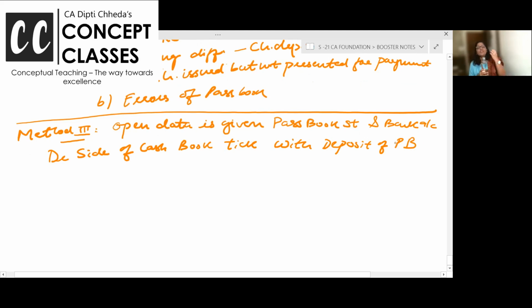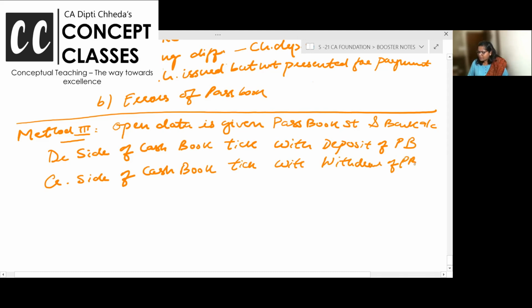Are you analyzing? Chapter is over. This is an important aspect what we are doing. Debit side of the passbook, sorry, cash book, tick with deposit of the passbook. Credit side of cash book, tick with withdrawal or drawings, withdrawal of passbook.